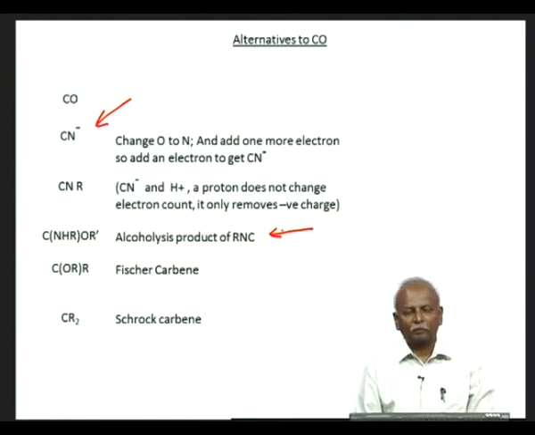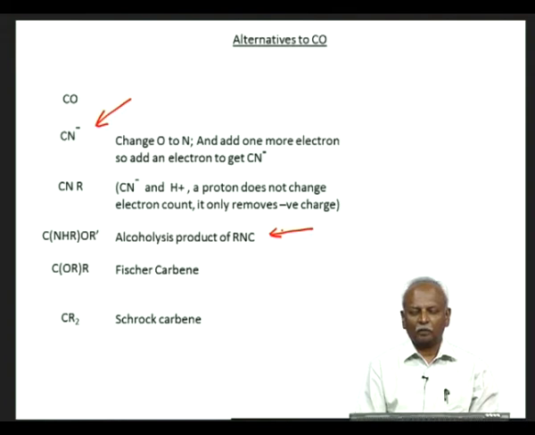We found that you have a carbon flanked by two heteroatoms, and if you can do that in a ring system, and if you have two nitrogens around the carbon which is bonded to the metal, then you have N-heterocyclic carbenes. If it is in a cyclic system, it turns out to be an excellent ligand.